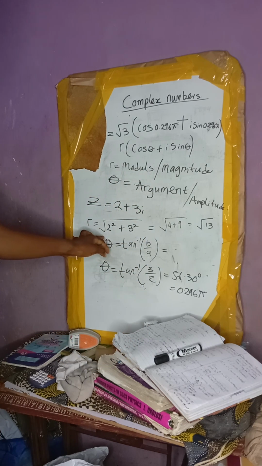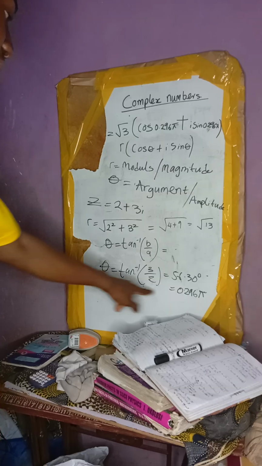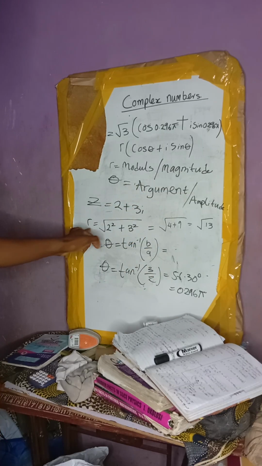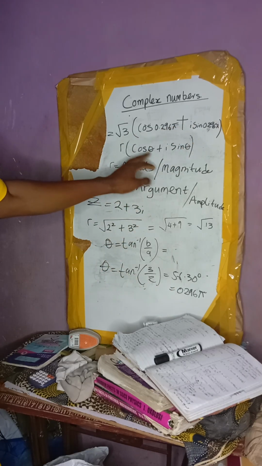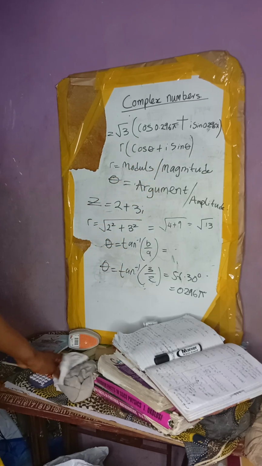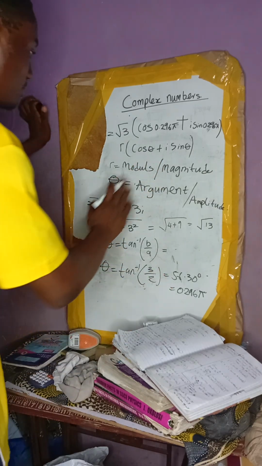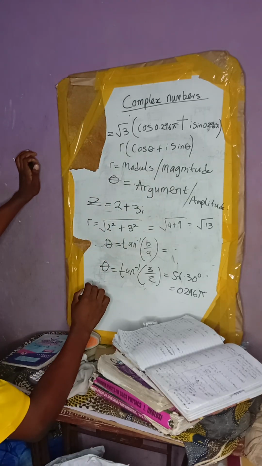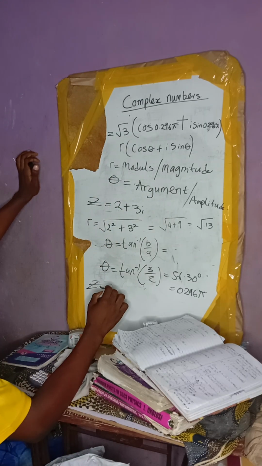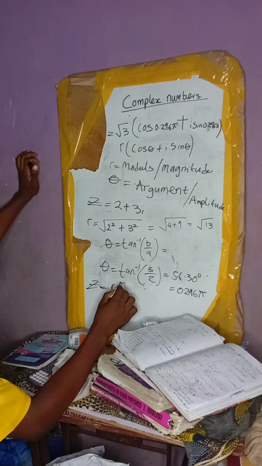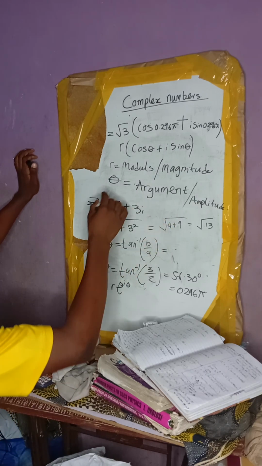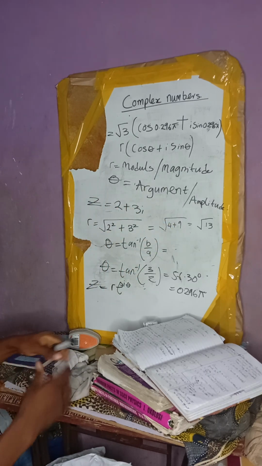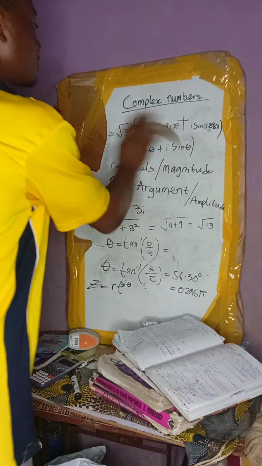You find your magnitude, find your arguments, then put them inside the formula for your exponential form, which is basically z equals r e raised to power i theta. Remember, your theta should always be in radians, not degrees. So that is what I want to teach you today.